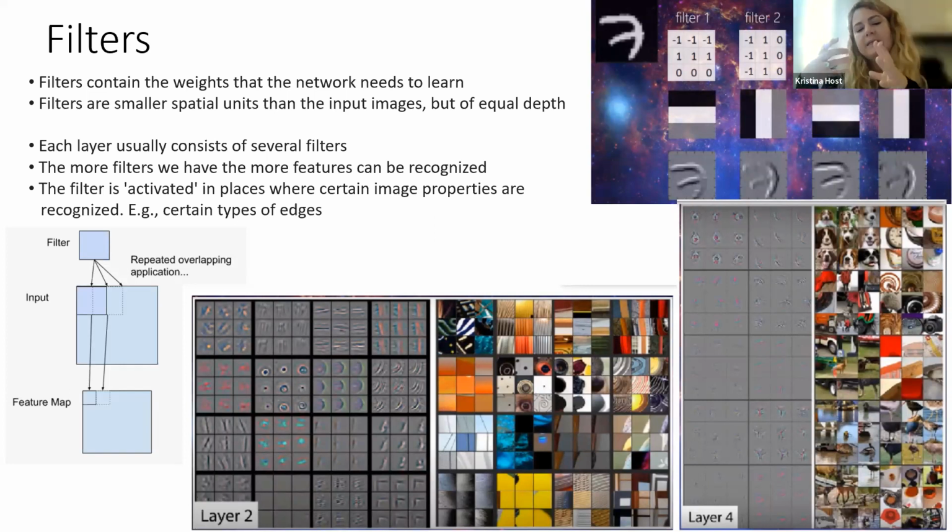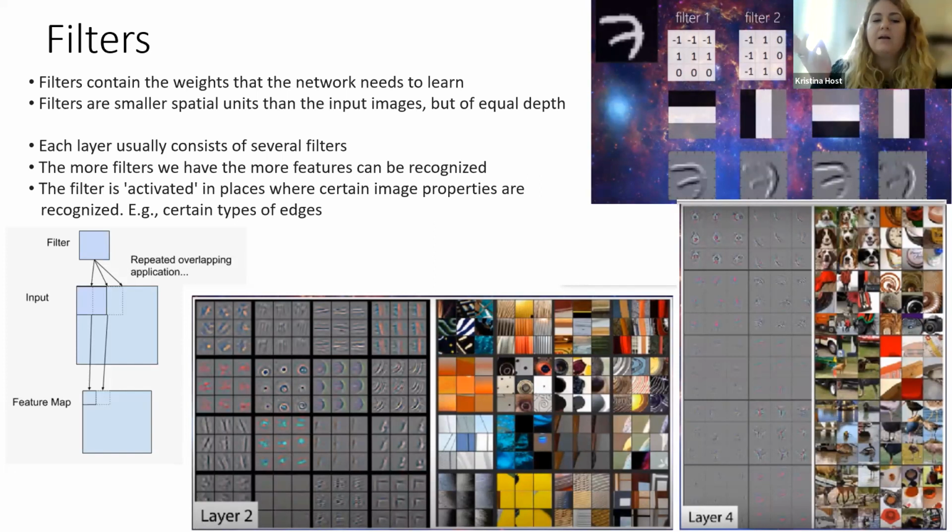When you go deeper, we can detect some circles and stuff like that. But the deeper you go into the convolution, it can recognize things like the head of a dog, a wheel of a car, and stuff like that. And at the end, it can recognize fully grown objects.